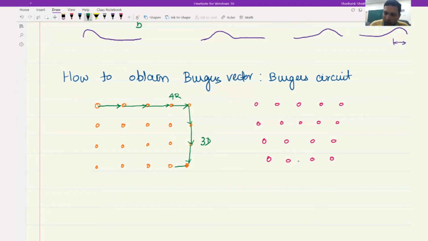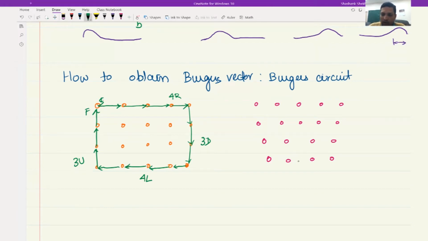And then since we went 4 right, we will now move 4 left along these shortest lattice directions. Then we will go 3 up. Now if it were a perfect crystal, what will happen? So this is start and this is finish. So start and finish would happen at the same place.